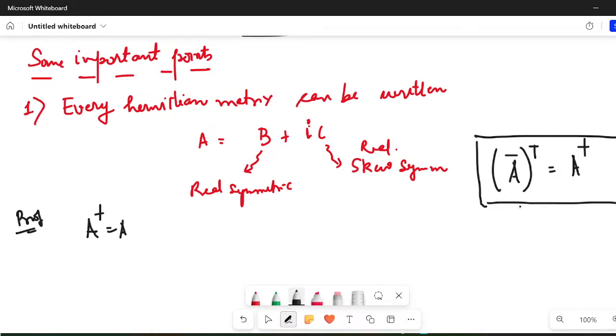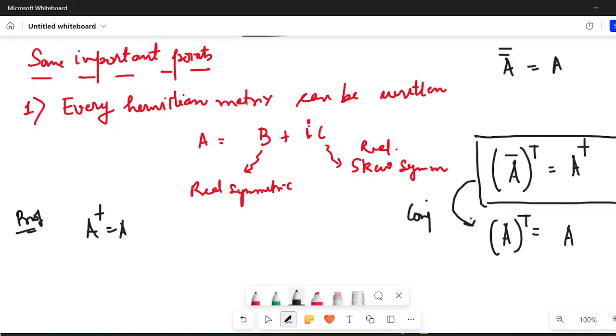Now, if I again take a transpose, if I again take a conjugate of this, what will I get? If I do a conjugate over a conjugate, I simply get A.